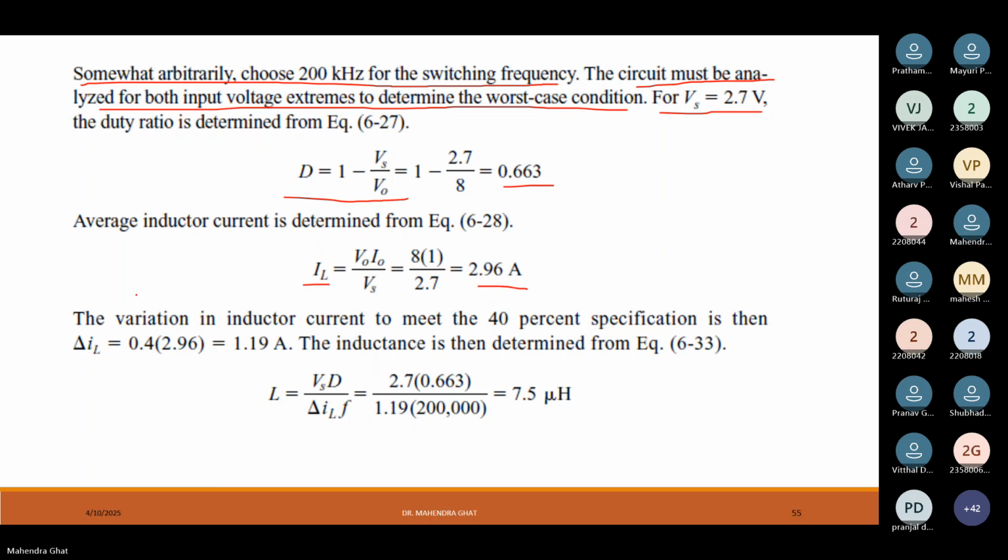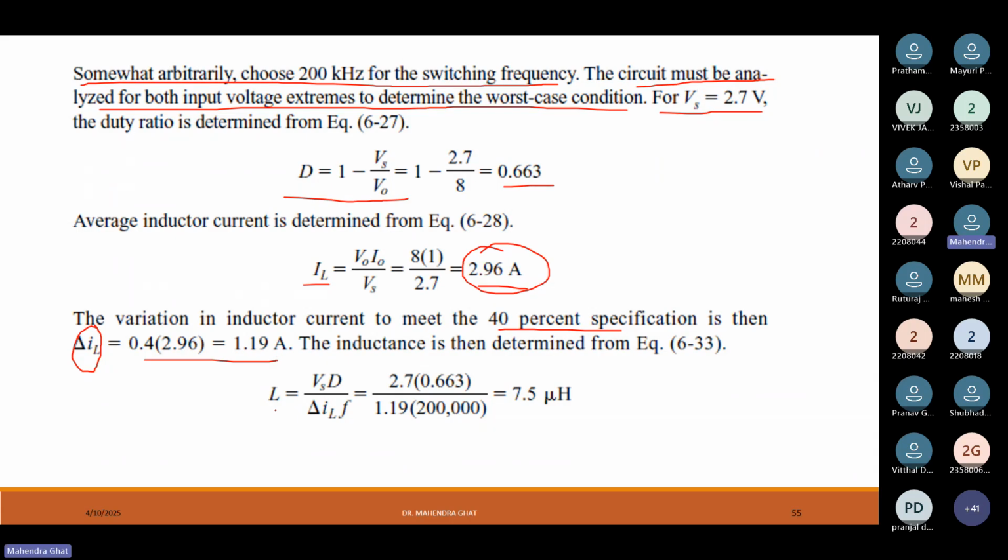ampere. Now delta IL they have mentioned as 40% of IL. So 40% of 2.96 gives 1.19 ampere. So delta IL should be within 1.19 ampere if the input voltage is 2.7.